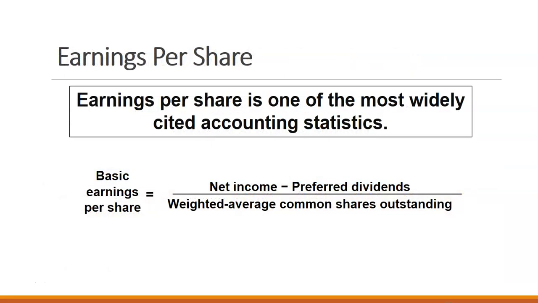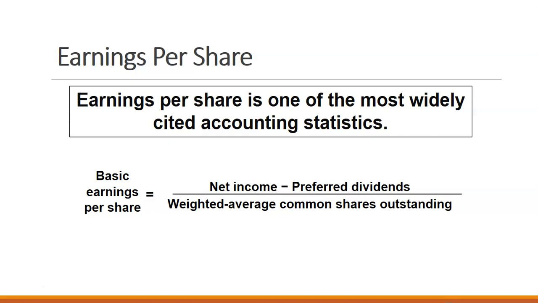The last thing that we look at in this chapter are some of the common formulas that we use for calculating how well a company is doing. Earnings per share is one of the most widely cited accounting statistics. Most publicly traded companies put their earnings per share on their financial statements.